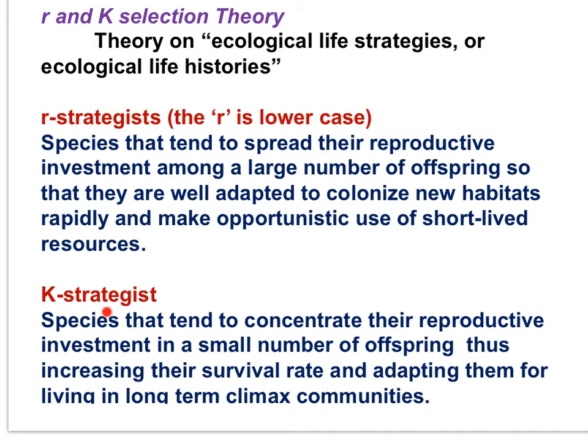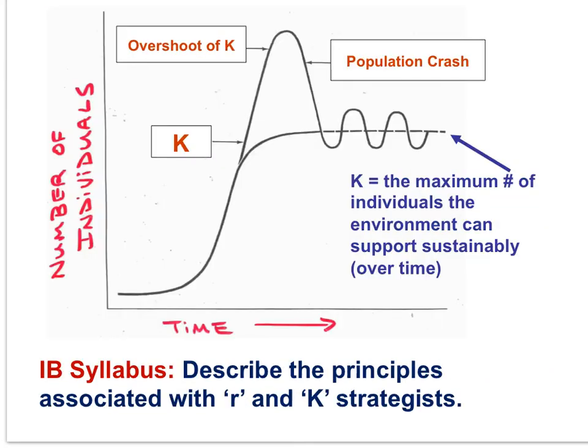The K strategists are species that tend to concentrate their reproductive investment in a small number of offspring, thus increasing their survival rate and adapting them for living in long-term climax communities. The S-shaped growth curve seen here describes a theoretical pattern of growth for a population.